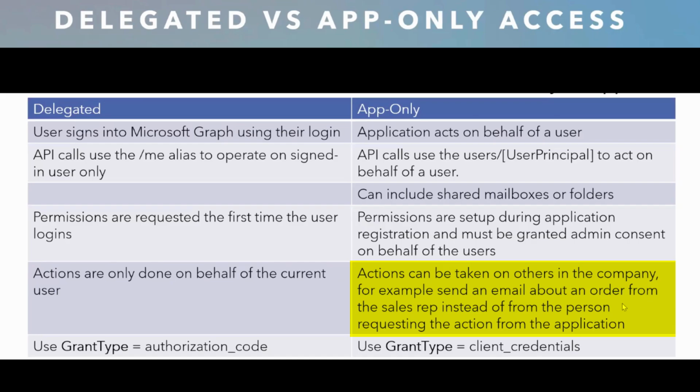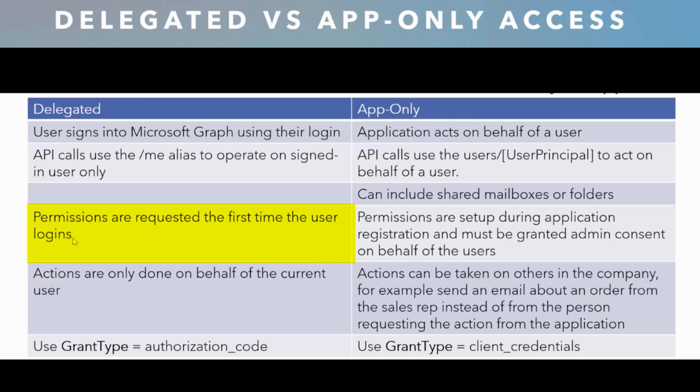For example, if you had an order that you were working on in your application, then you could send an email about that order from the sales rep that was associated with that order, instead of from whoever was entering information about that order. With delegated access, permissions are requested the first time the user logs in.